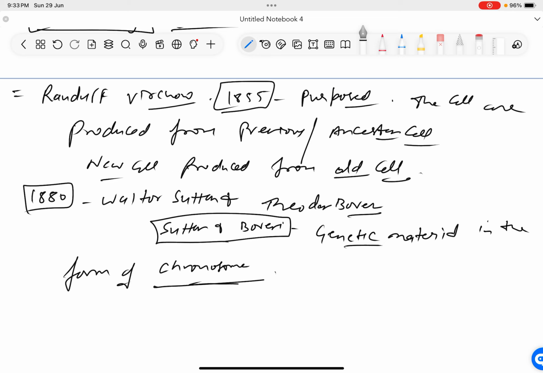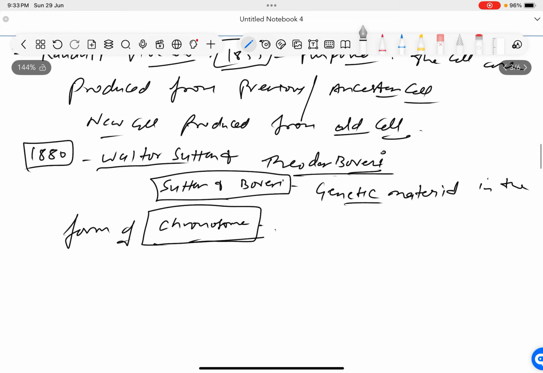So genetic material is present in the chromosome, as described by Boveri and Sutton.